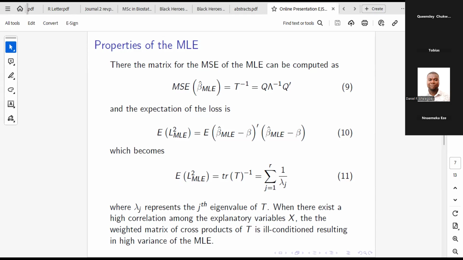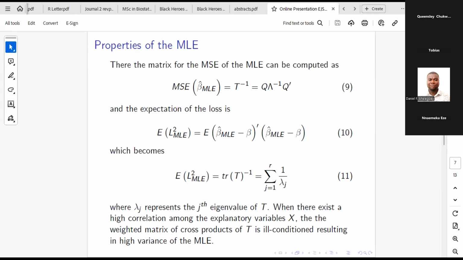And then the expectation of the loss would be given by the expectation of the maximum likelihood estimator minus, when we find the difference, the parameter we are estimating. And since these are matrices, we would get the transpose.